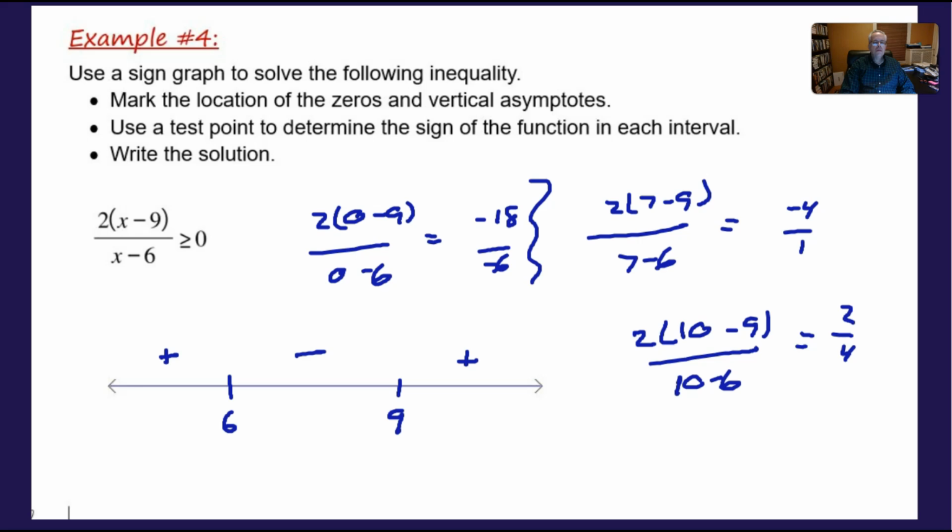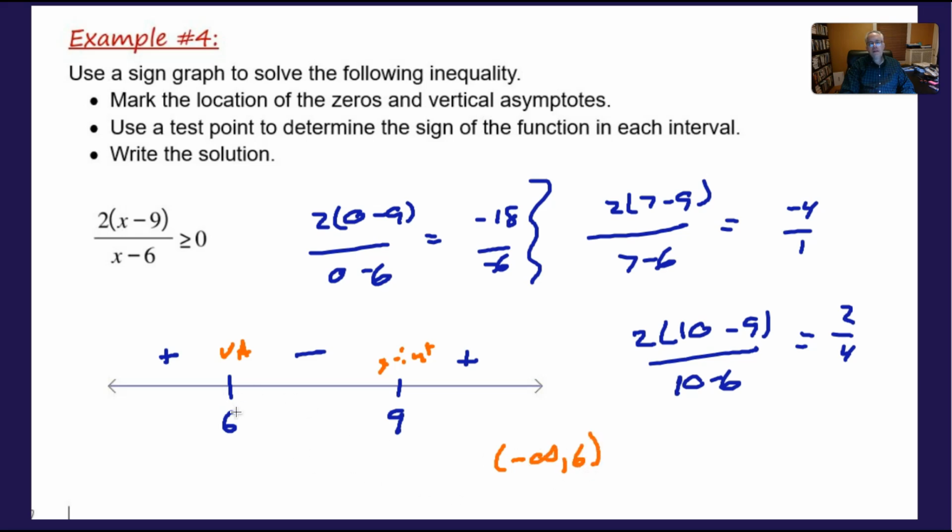Okay, so we want to know where it was greater than or equal to 0. Right here I've got to be a little bit careful. This is where the vertical asymptote is and the function's undefined. This is an x-intercept here. So we want where it's greater than or equal to 0. So it's going to go from negative infinity to 6.